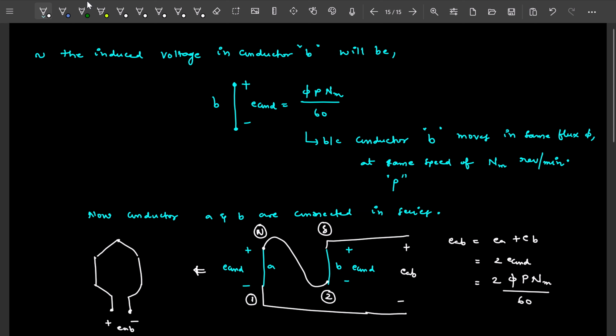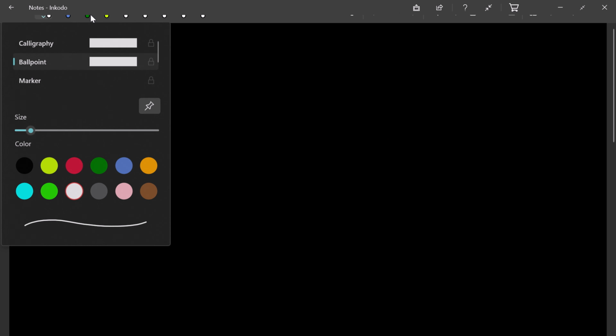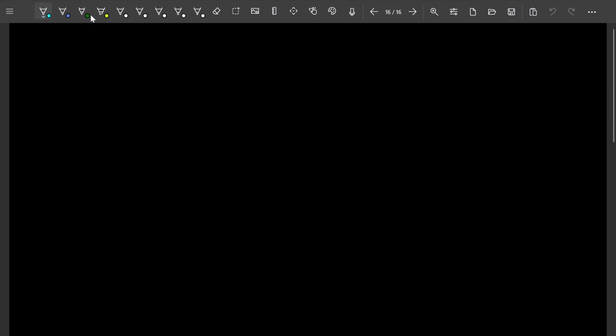This is the voltage EAB, and this is conductor A, this is conductor B. Conductor A is under north pole, and conductor B is under south pole. It is in slot 1 and it is in slot 2. This thing is represented like this. That is, this EAB is equal to 2 phi P nm by 60.